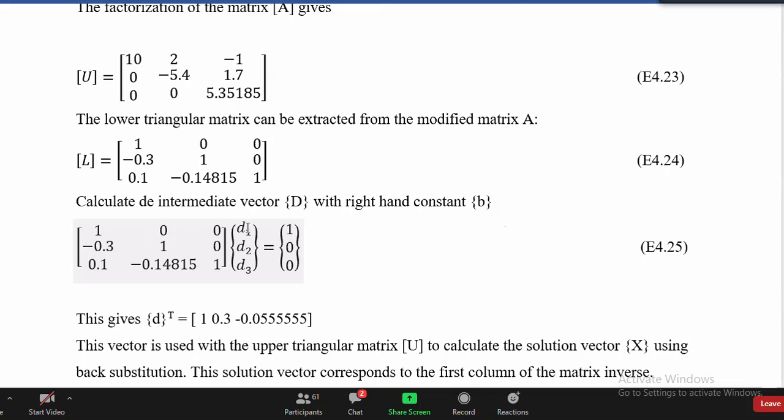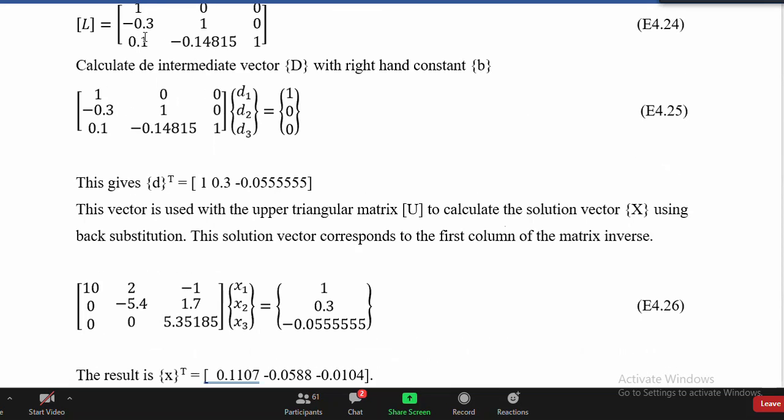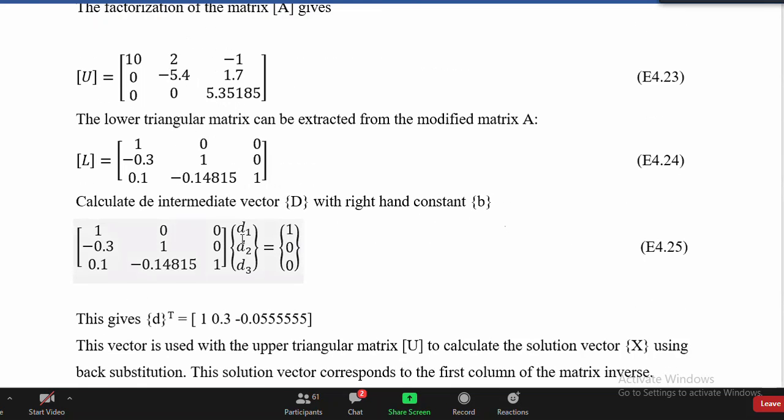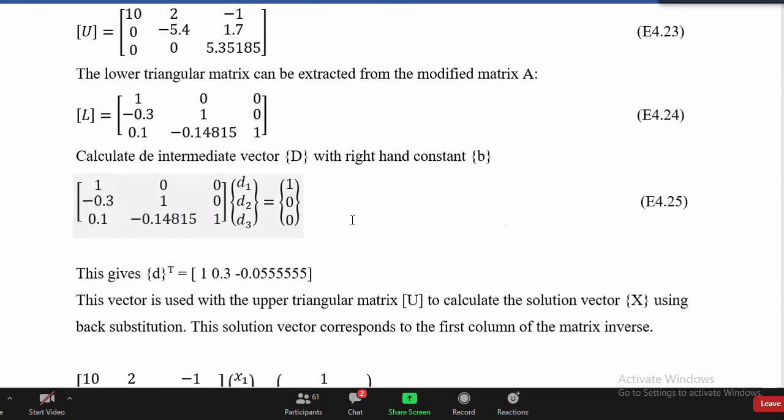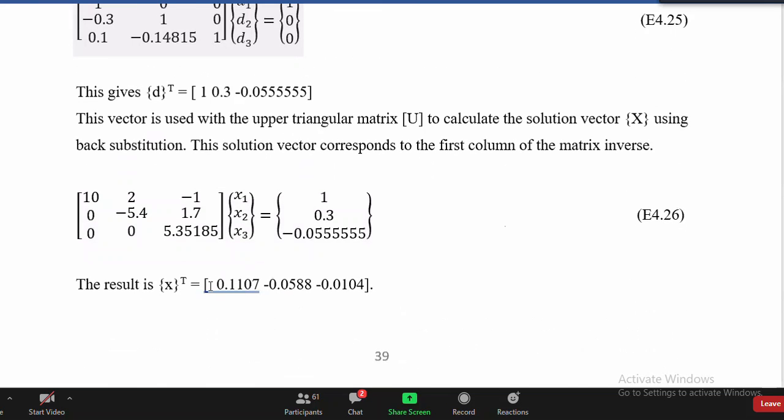So you can calculate D as we did over there. The values you will get are 1, 0.3, minus 0.055555. That is the D. And then with the upper triangular matrix here, with this D you calculated now, you calculate x1, x2, x3 of the A inverse.